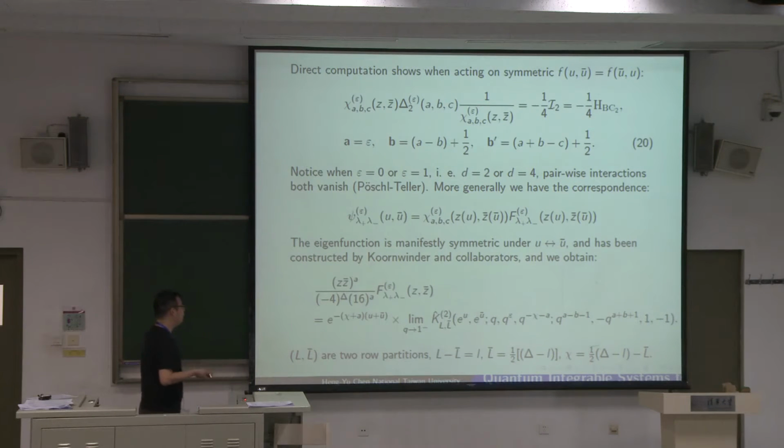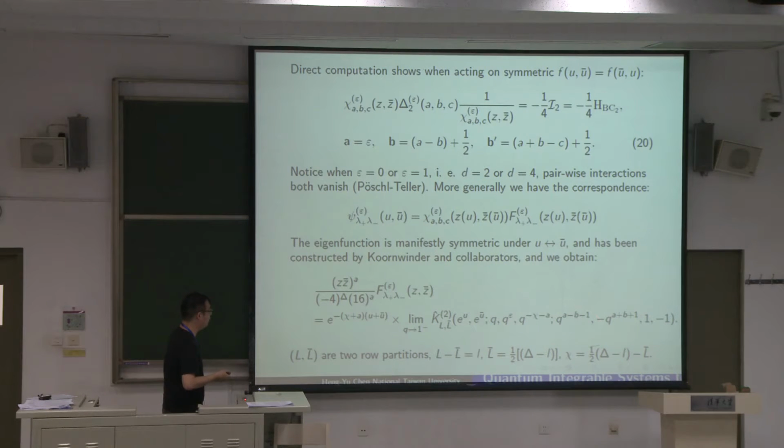So we can now obtain the exact form of the scalar conformal block for arbitrary d dimension, and they are given by something called a virtual Koornwinder polynomial, as named by Eric Rains.